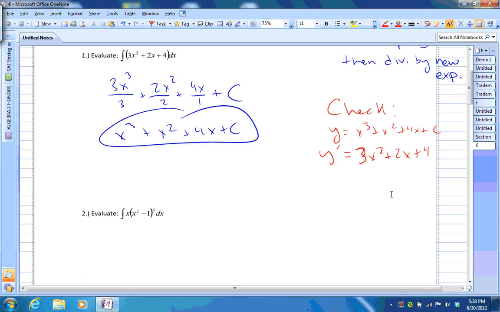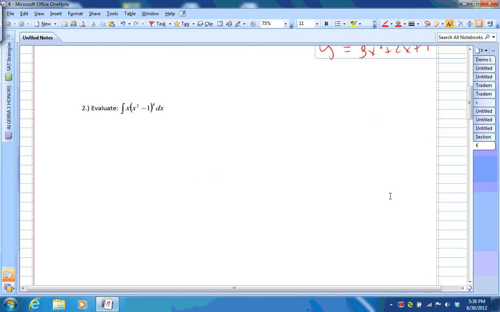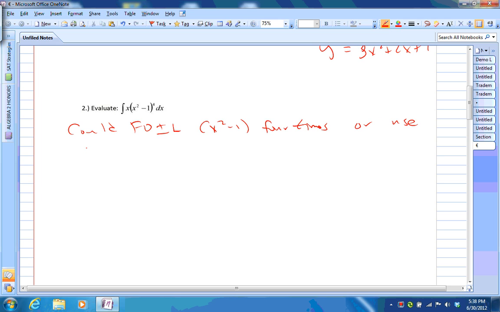Now for number 2, in this case, you could FOIL x squared minus 1 4 times. Actually, what I really mean is you can multiply it by itself 4 times, or use the substitution technique, or method, whatever you want to call it.